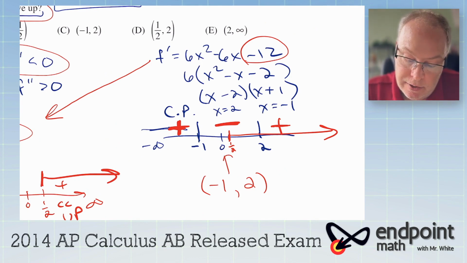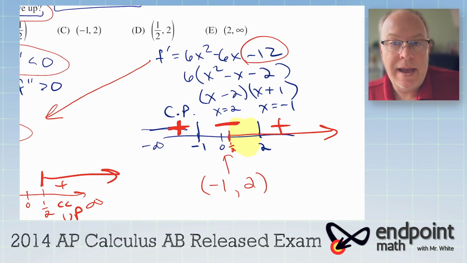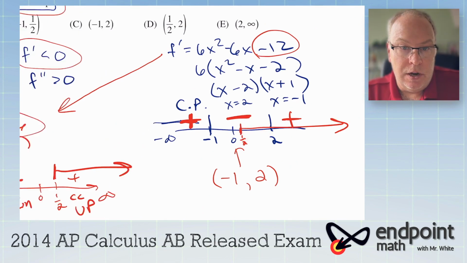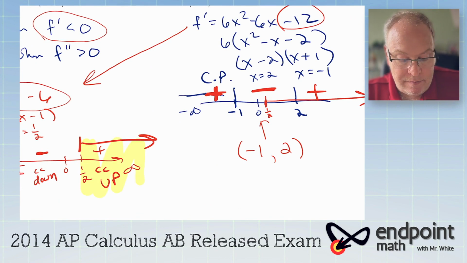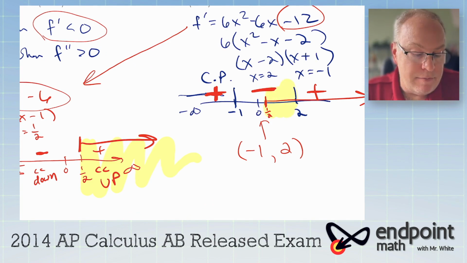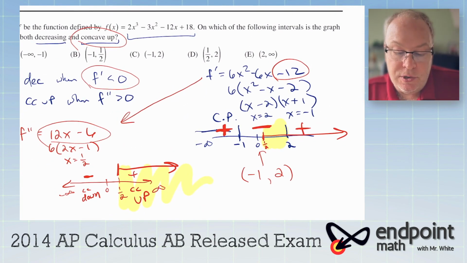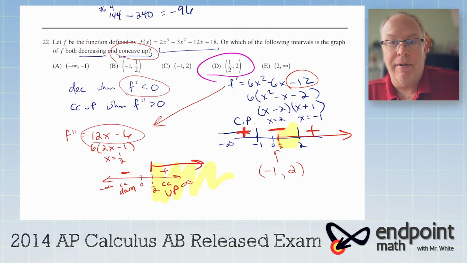It's right in this region. From 1/2 to 2 is when this thing is concave up and decreasing, because over here we figured out from 1/2 to infinity, it's concave up. So the overlap is in this region right here that I've highlighted. And that is 1/2 to 2. Is that one of the answers? It sure is, D, and that's the correct answer.